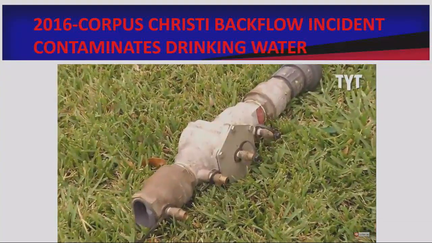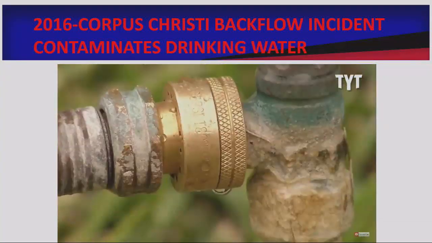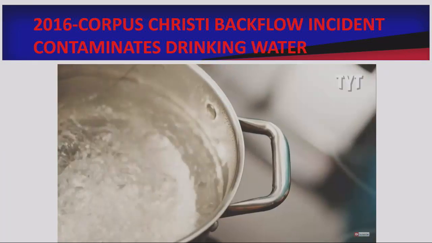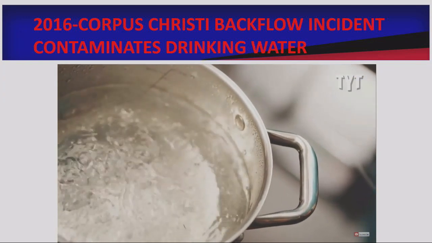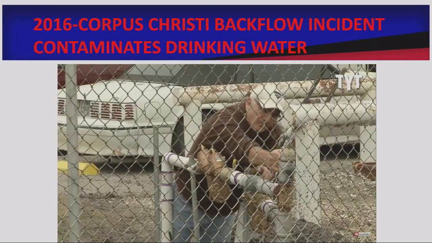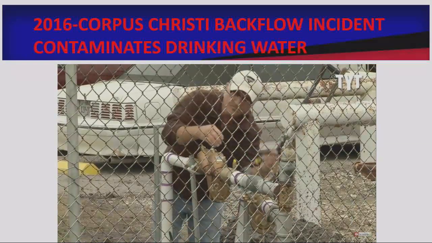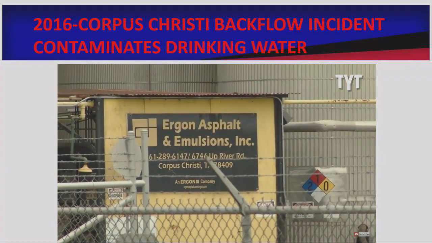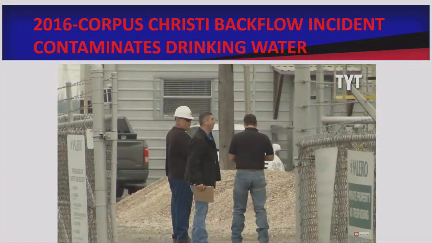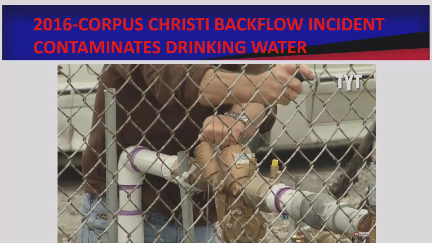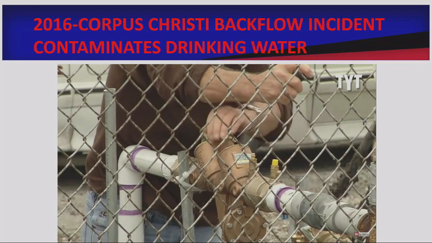That backflow preventer is supposed to stop hazardous chemicals from making their way back into the water and thus contaminating it. Now, one of our reporters was here on the site yesterday and actually witnessed them trying to install a backflow preventer here at the site of Aragon Asphalt and Emulsions. Now, this whole thing, the ban was called because apparently this company had dumped a chemical, a pretty nasty, corrosive chemical called indolin.